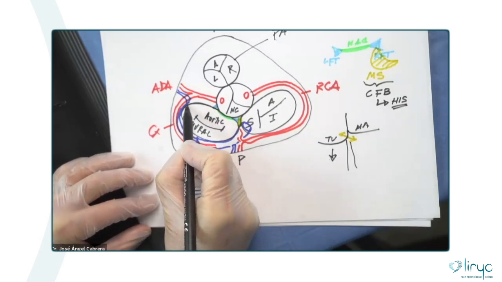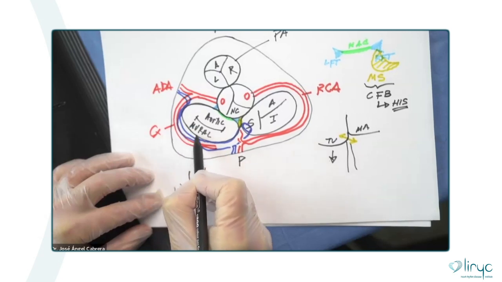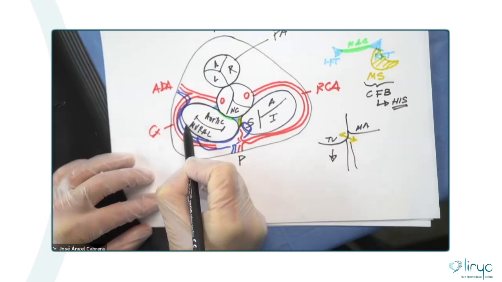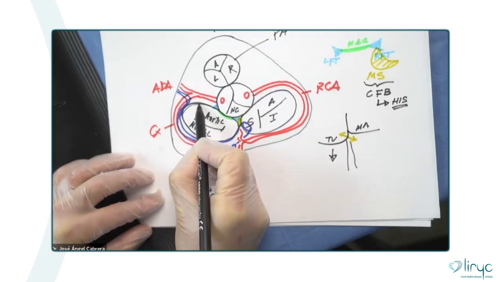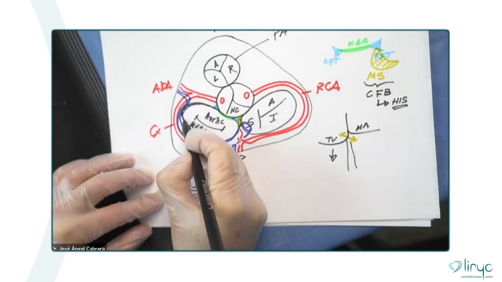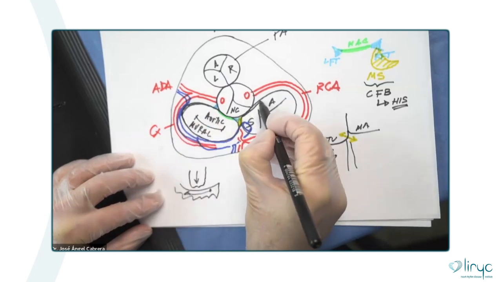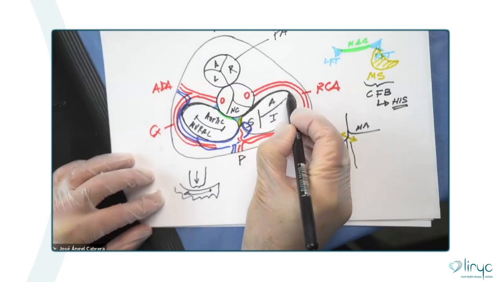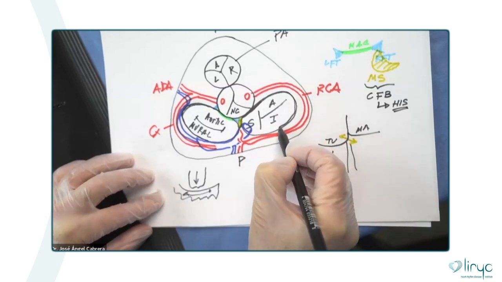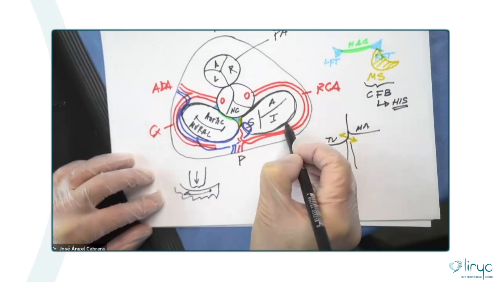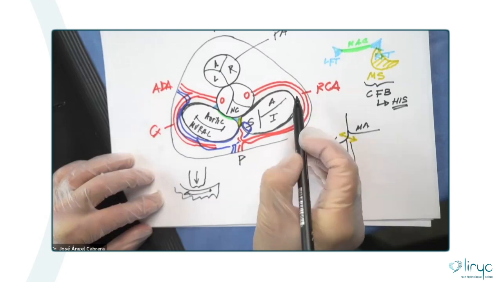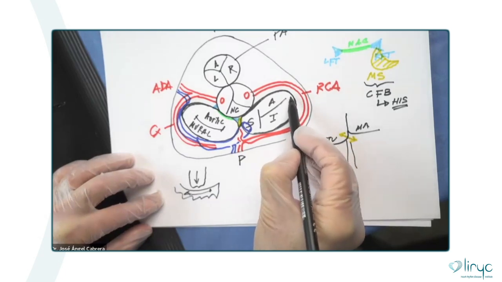And here you can see the annulus of the tricuspid valve that is not completely surrounded by connective tissue, with different thickness. Not always completely surrounded by the fibrous tissue. Sometimes it's thinner, even with some muscle here.